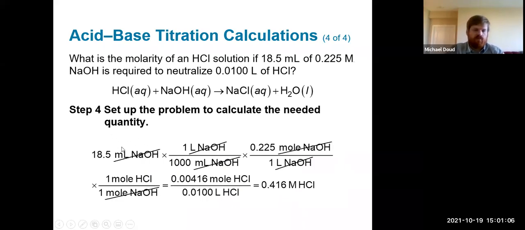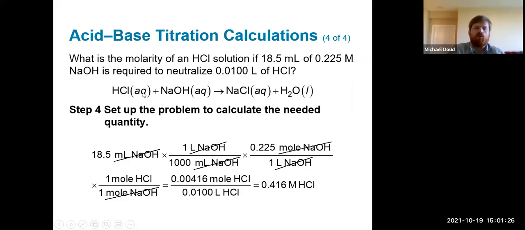You take your 18.5 milliliters of sodium hydroxide, convert that into liters so that you can use your molarity. The molarity being 0.225 molar means that it's 0.225 moles of sodium hydroxide for every 1 liter of sodium hydroxide solution. So now we're in terms of moles of sodium hydroxide.